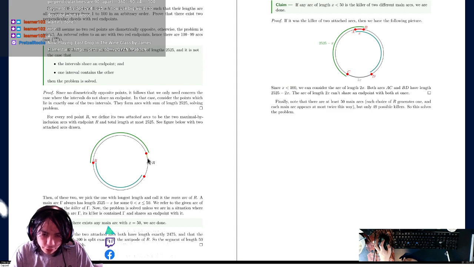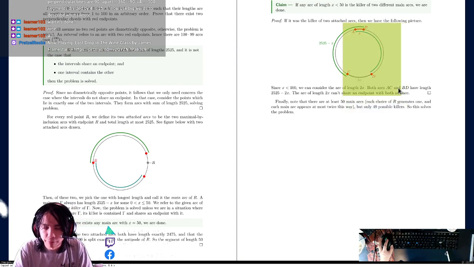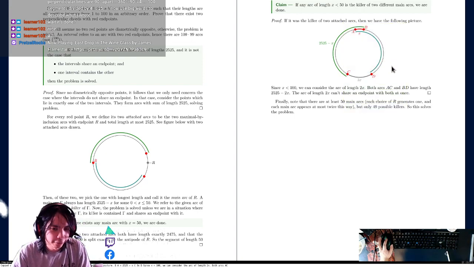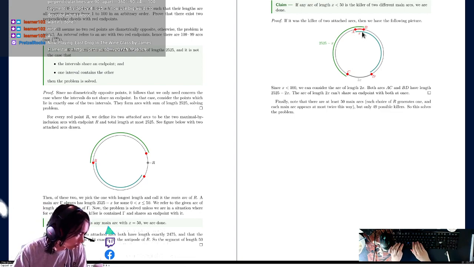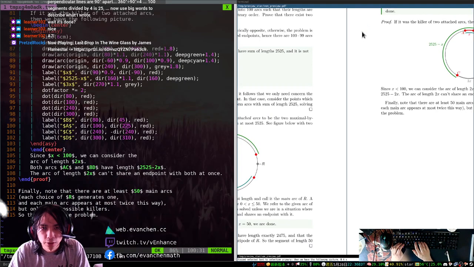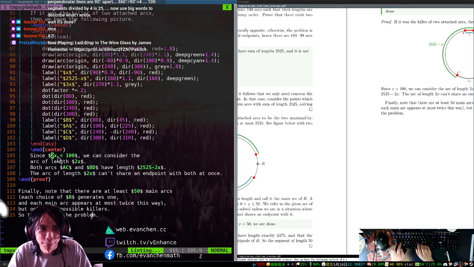So if you take the shorter one, then it's always less than 50, and then you can use the length 2x one as well, and that will wipe this out. So by trading half the arcs for half the killers, you can also ensure every killer is used at most once. So I think this should work. I hope there are no other mistakes. Alright, good problem.